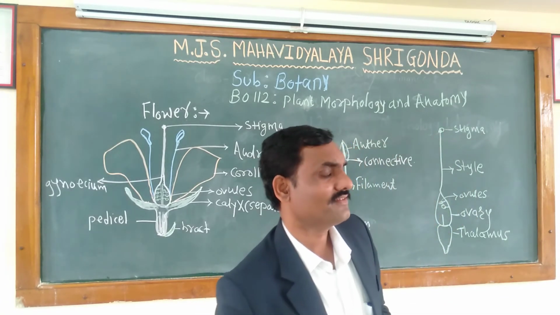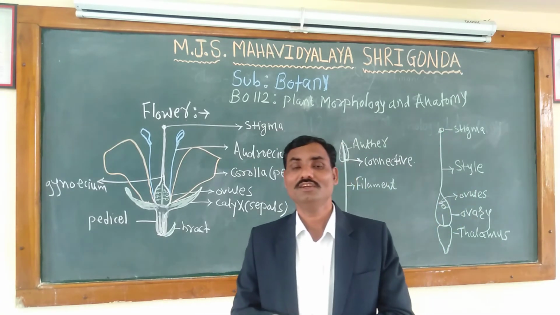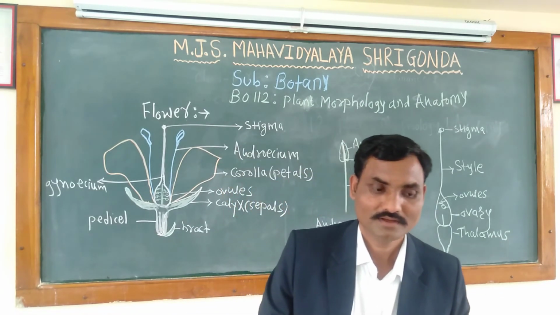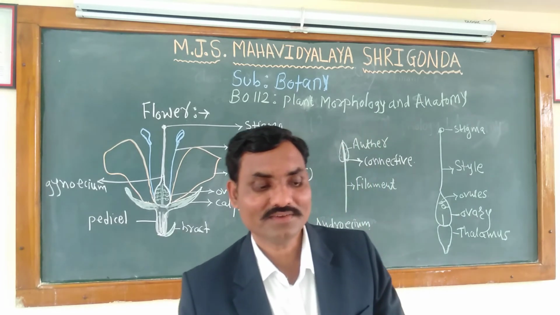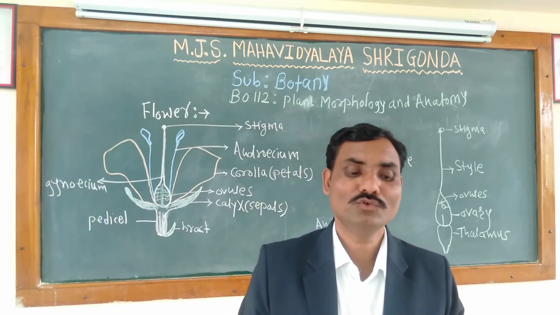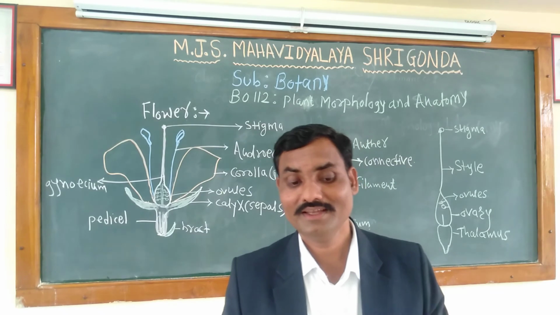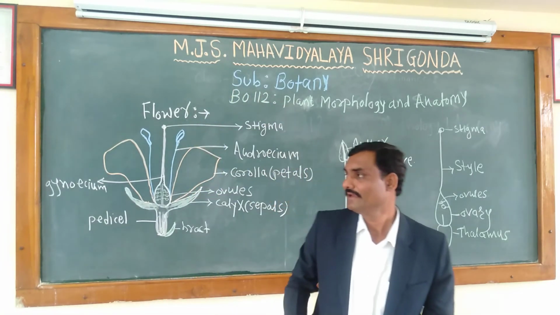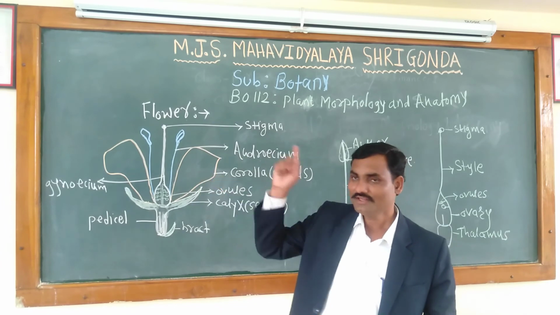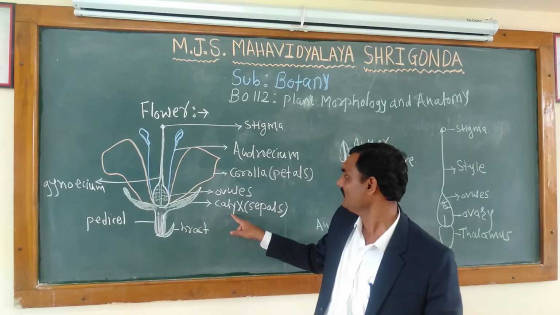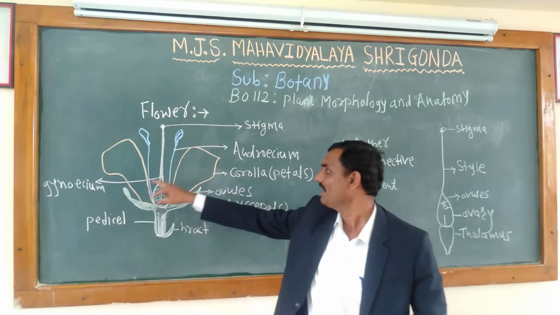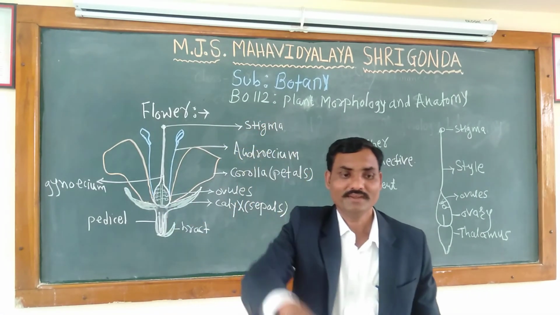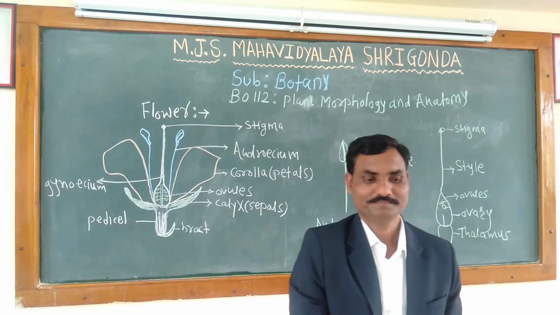Next topic in this flower is the sexuality of the flowers. What is the sexuality of the flowers? A flower is said to be complete when it has four floral whorls. What is a complete flower? When the flower contains calyx, corolla, androecium and gynoecium, four floral whorls, then it is called a complete flower.